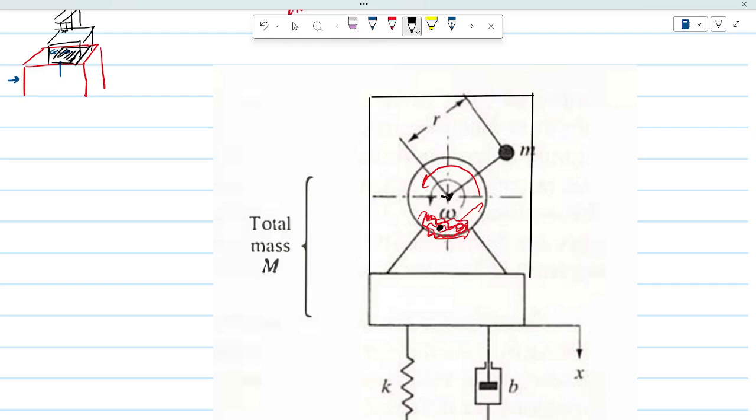So there's a distance between them. Because of this distance, this rotating mass induces the vibration because of rotating motion. If it was coinciding with the center of rotation, then it won't induce any vibration. But since in reality it doesn't coincide with it, it induces a vibration because of rotating motion.